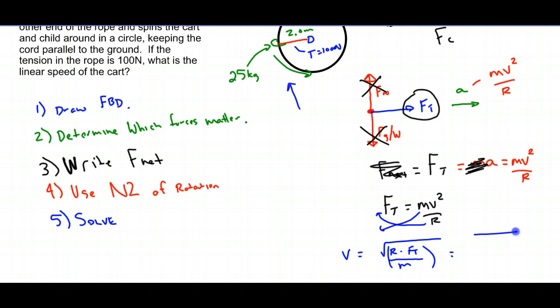And so that's then the square root of 2 times 100 divided by 25, which is the square root of 8, which is 2.83 meters per second. Okay, so that's the linear speed of this cart.